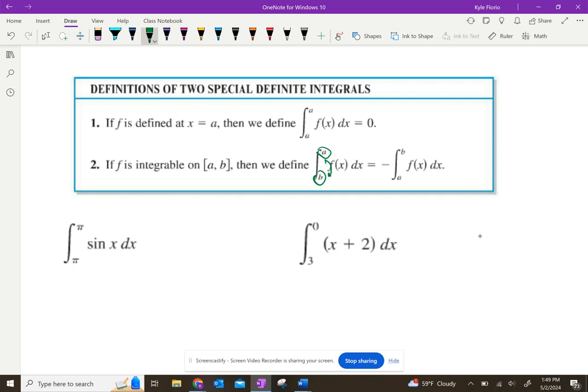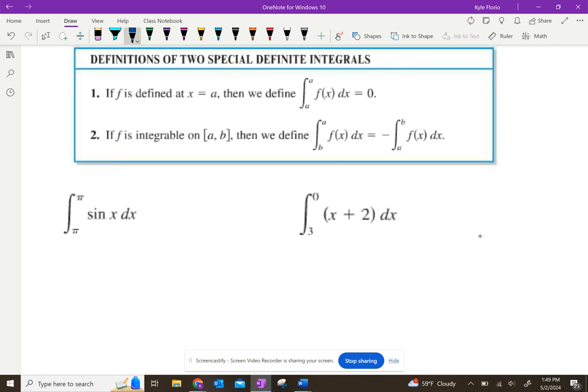And if you do that, then you just change the sign of the value to a negative. Or if it's already a negative, you make it positive. So if you flip the limits of integration, you just have to change the sign. So if I ask what's the area under the curve of the function sine of x from pi to pi, again, if you're going from the same value to the same value, there's no width. That's just going to be 0.